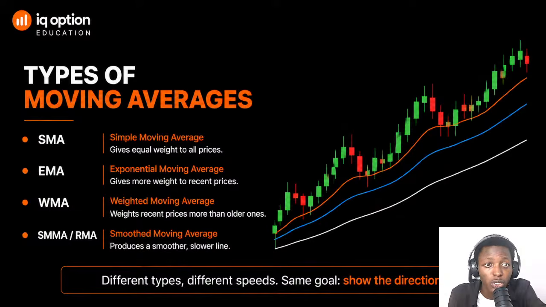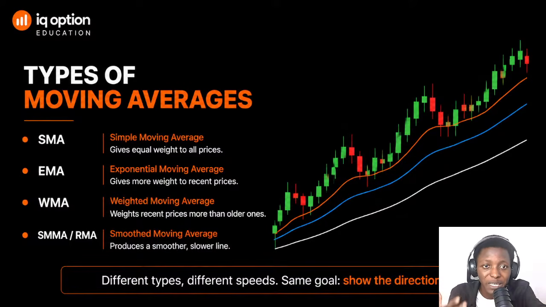There is also the WMA, a weighted moving average, and then there's a smoothed moving average. These are the different types, but we're going to be focusing on just the EMA, the exponential moving average.